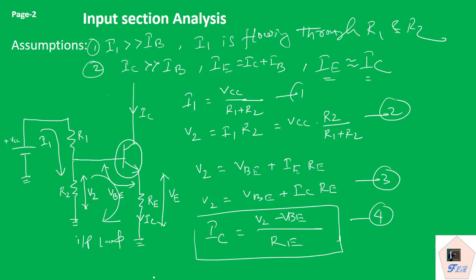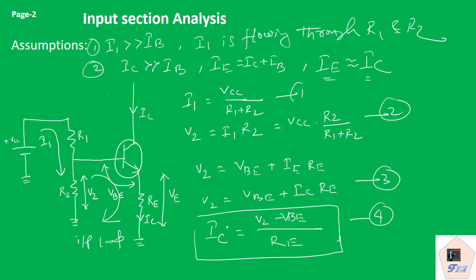Now we see that IC is independent of beta. In the earlier lecture we have seen that these two parameters, beta and VBE, basically influence IC. To make IC independent of beta and VBE, we are applying different kinds of biasing circuits.